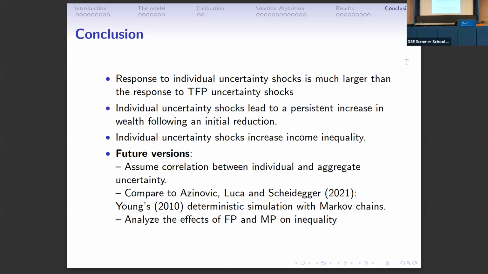So we want to extend the model by introducing correlation between individual and aggregate uncertainty, and we try to compare our results with what we get if we use your paper, right?